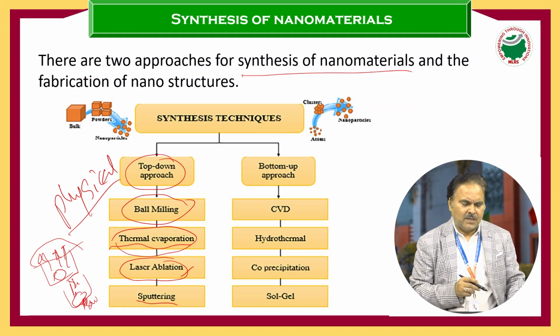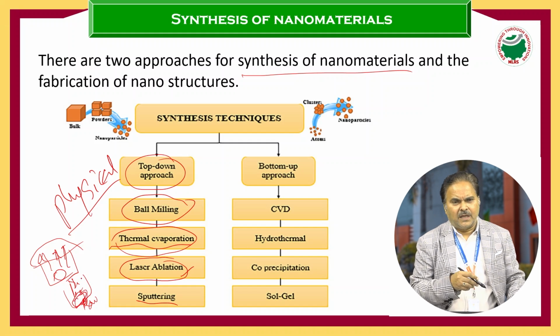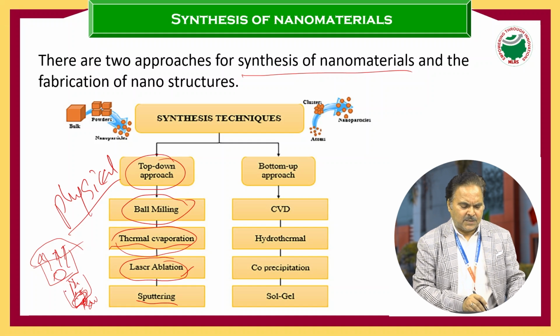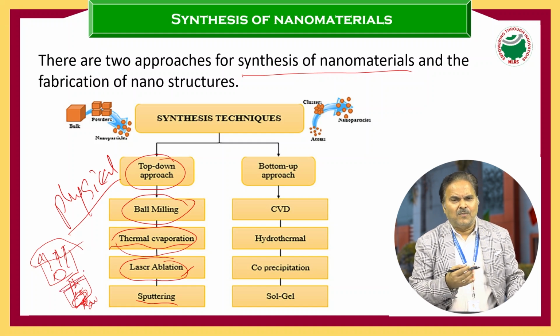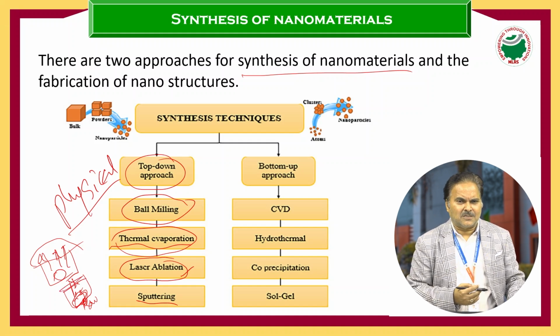Then there will be evaporation of the pellet, and the fumes will be coated in the lower temperature range. That material we can scratch out and take as a material, and if you check it, it will be nano size.